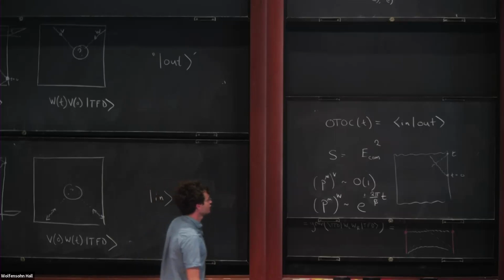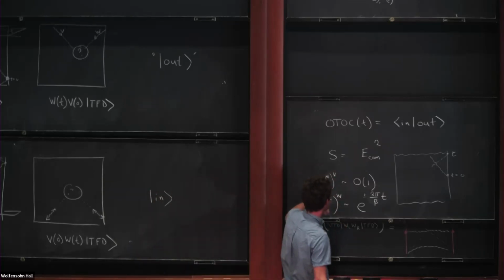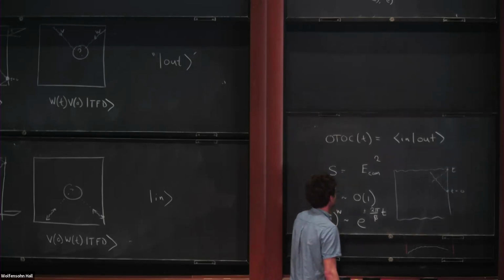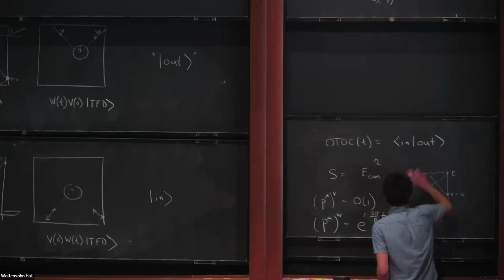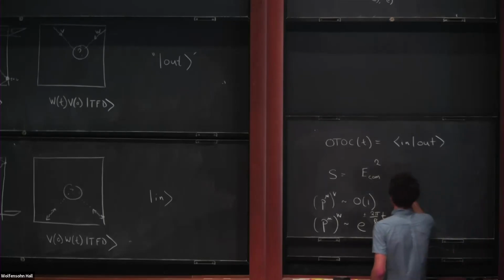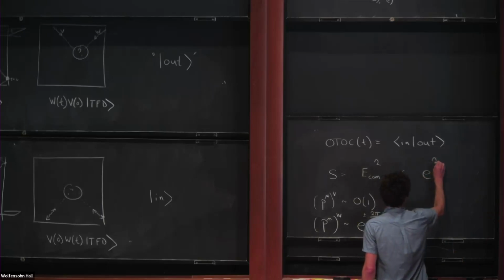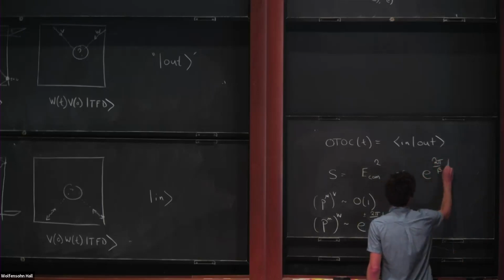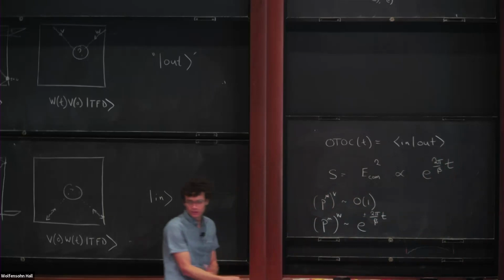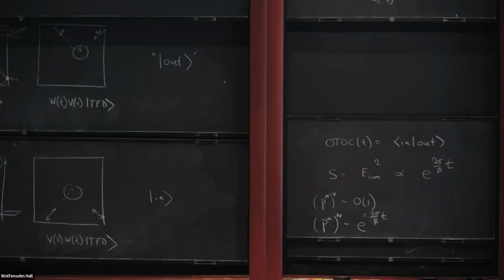And in particular, the center of mass energy squared, which will be a kind of product between these momentum components and those momentum components, the conclusion of this discussion is that this thing will be proportional to e to the 2 pi over beta times t. So that's a big deal because it's growing exponentially in time. The center of mass energy in this collision is growing exponentially in time.